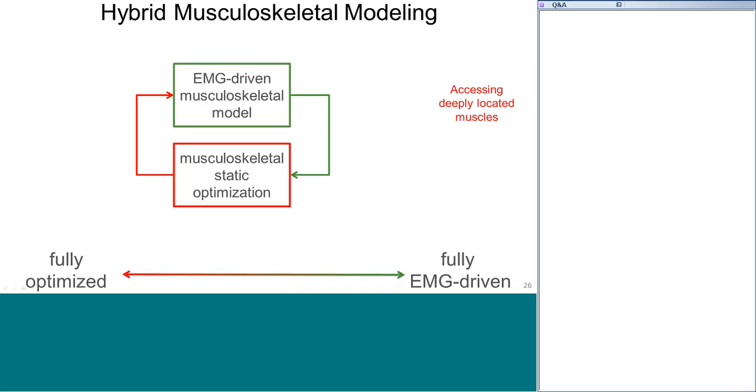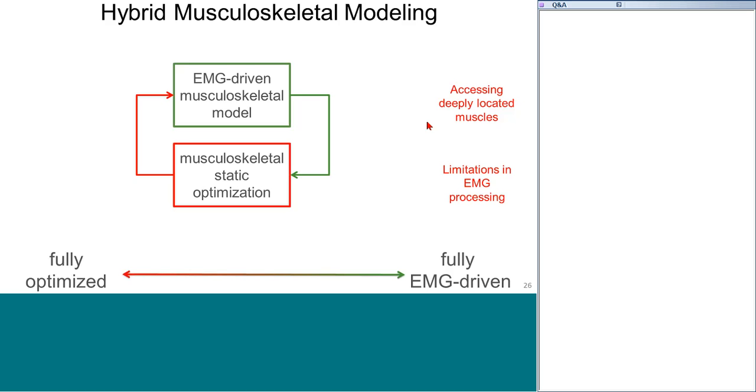And this hybrid modeling approach allows addressing some limitations in surface electromyography. A major limitation is the inability of surface electromyography to access deeply located muscles. Another limitation is the inability to properly account for crosstalk in muscles and to properly represent the actual bandwidth in the neural excitation.